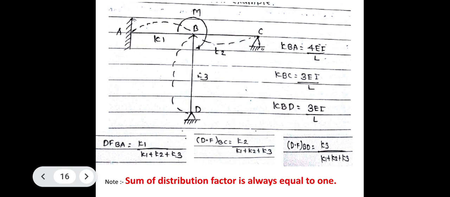Therefore, the distribution factor for member BA is K1 upon K1 plus K2 plus K3. Similarly for BC, the stiffness of that member is K2, but the sum of stiffness of all the members is K1, K2 and K3. We should remember that the sum of distribution factors is always exactly 1.0.